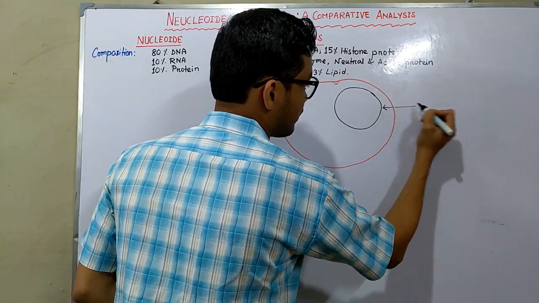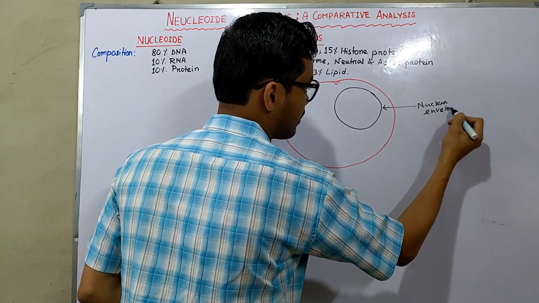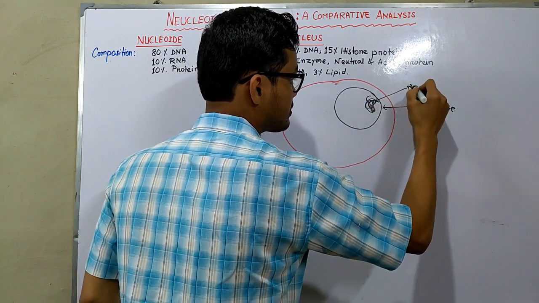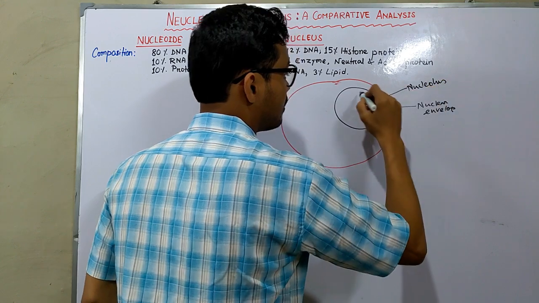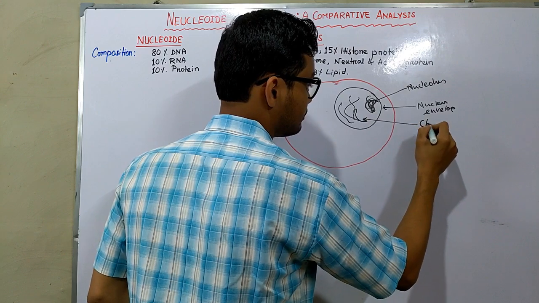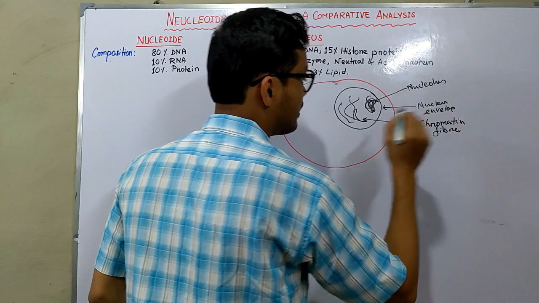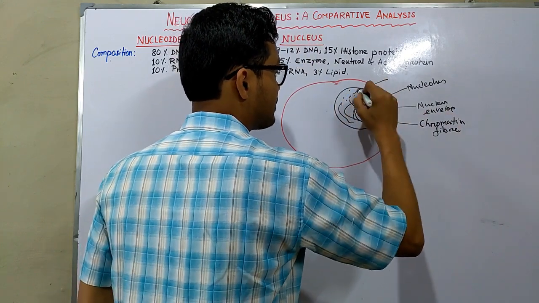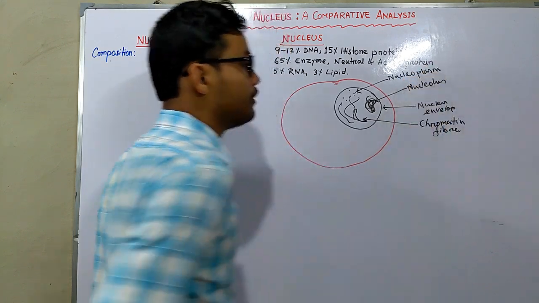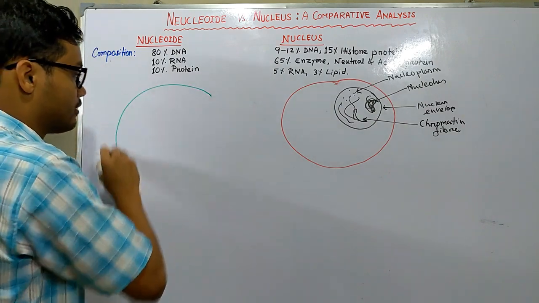In here, nuclear envelope, nucleolus, chromatin fiber, and nucleoplasm are present. But in case of prokaryotic cell, there is no nucleus.